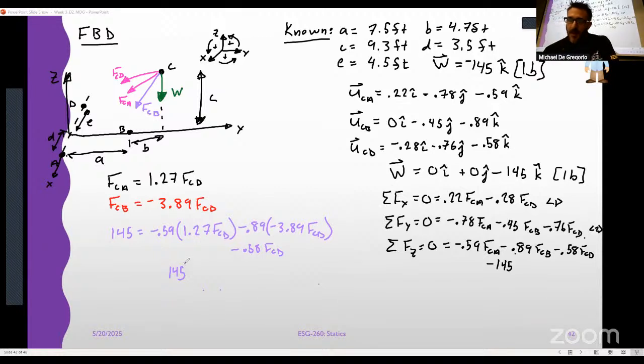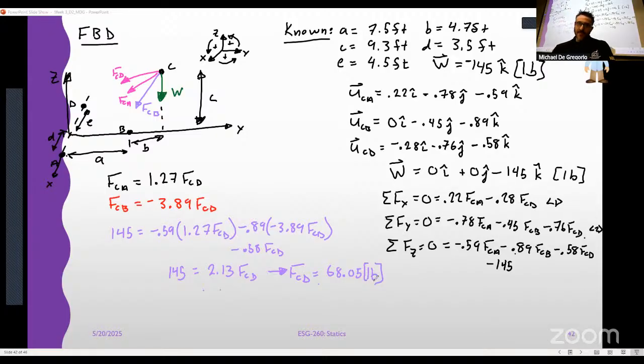Oh, this ends up becoming positive right here, right? Because it's a negative 0.89 times a negative, right? So this is going to end up being positive for us. So we get 145 is equal to 2.13 FCD. FCD gives us 68.05 pounds.